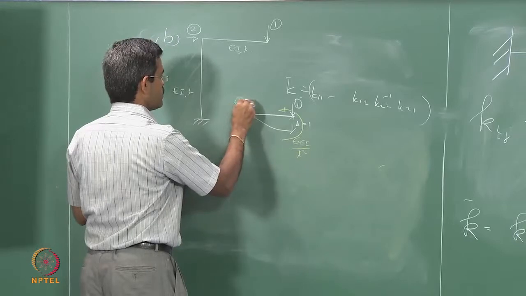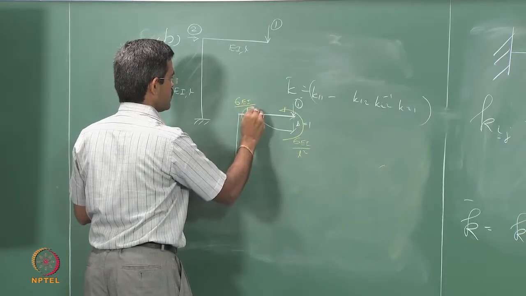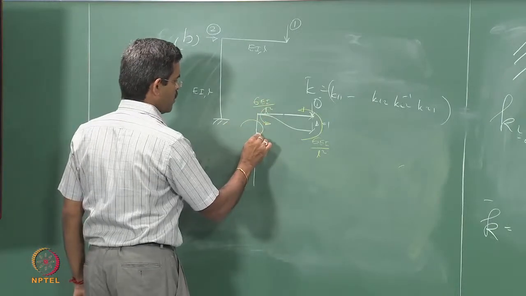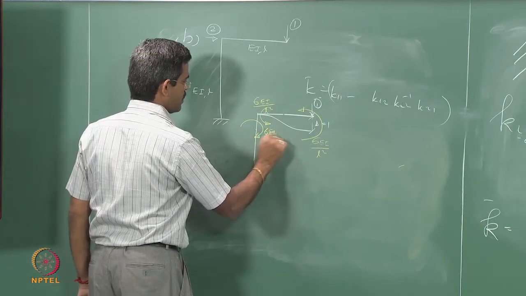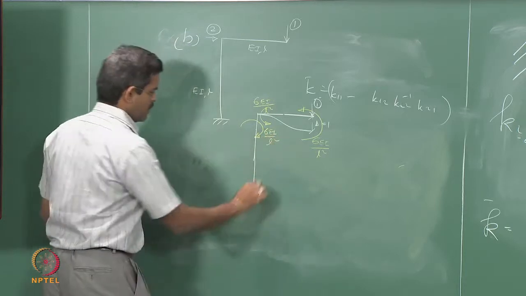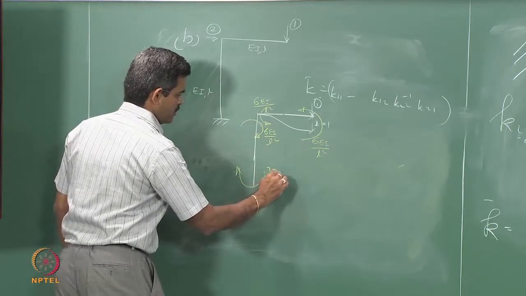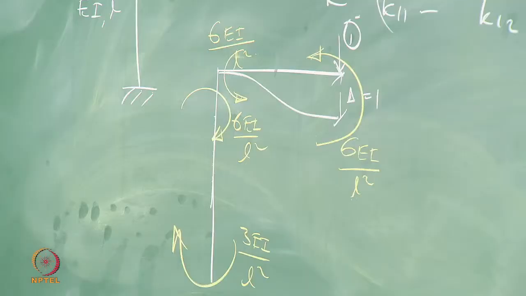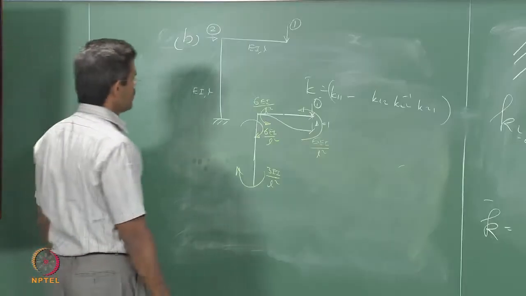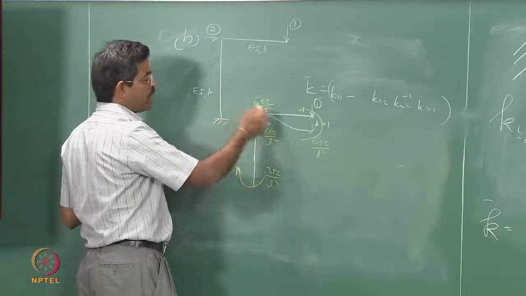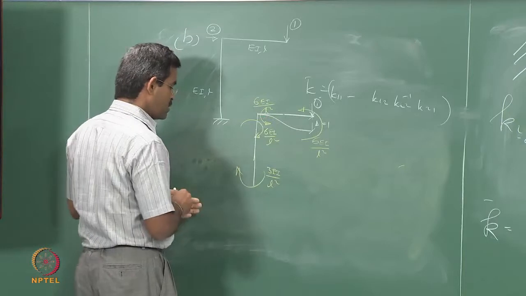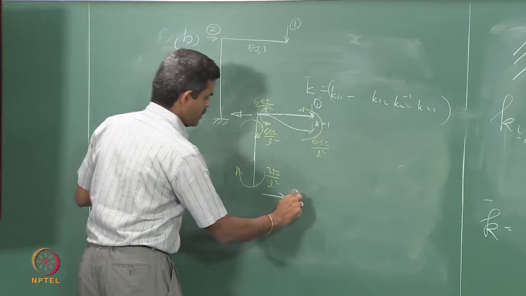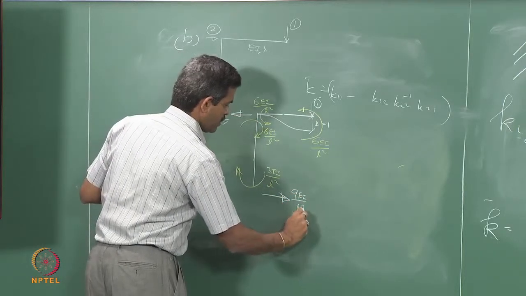Also the same, and this will be anticlockwise, clockwise 6 E I by L square and 3 E I. Now, this has got a couple of 9 E I by L square, so it has got to be balanced, which will be 9 E I by L cube.